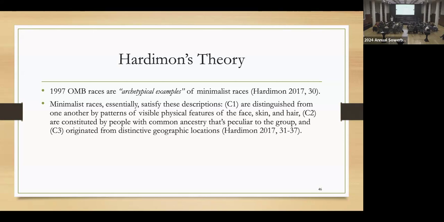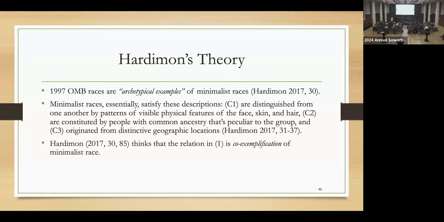So you are distinguished from one another by patterns of visible physical features of the face, skin, and hair. You are constituted by a common shared ancestry among the people of the group, and you have a distinctive geographic origin. Hardimon, in chapter 4 of his book, explicitly says Quayshawn Spencer is wrong. I love to see those kinds of engagements with my work.